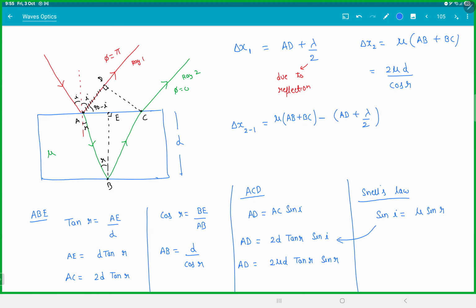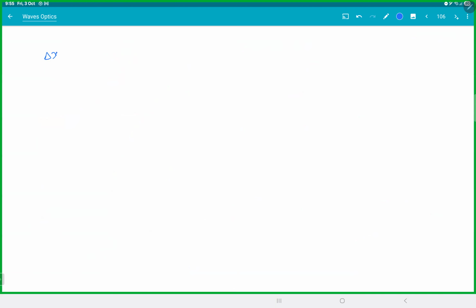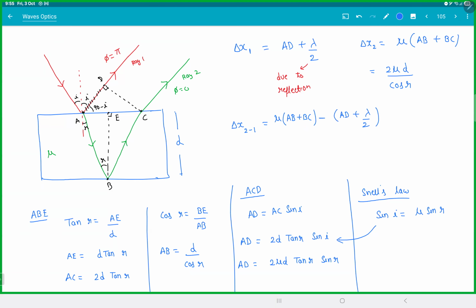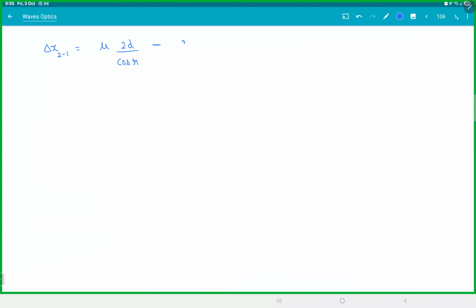Let's substitute the values there. So the path difference between 2 and 1 will be mu 2D by cos R minus AD, which is 2 mu D tan R sin R, minus lambda by 2.